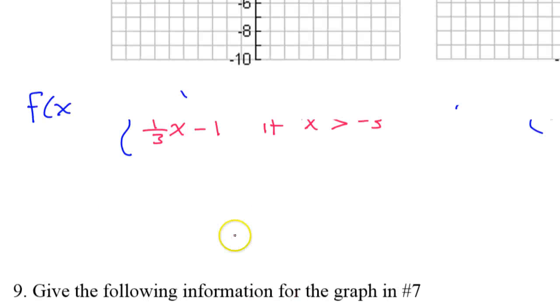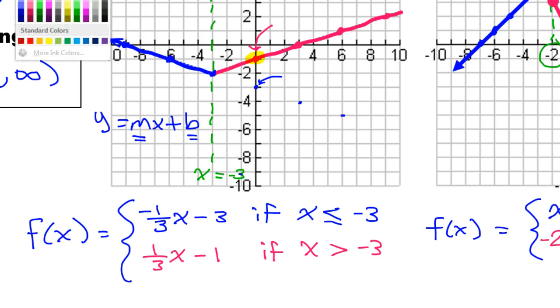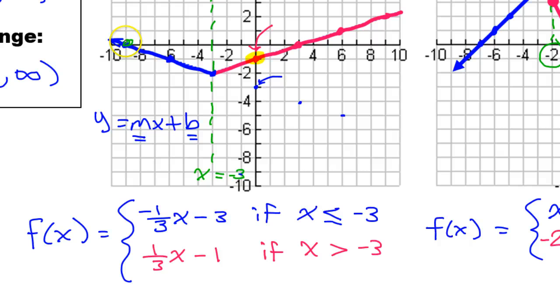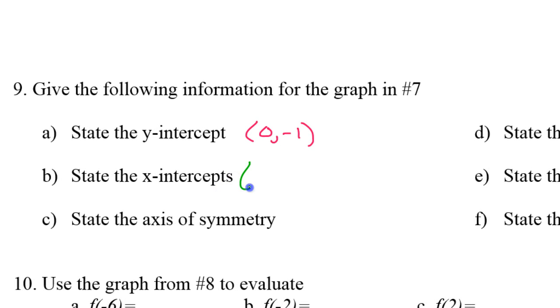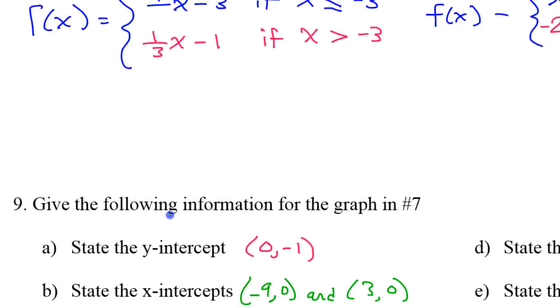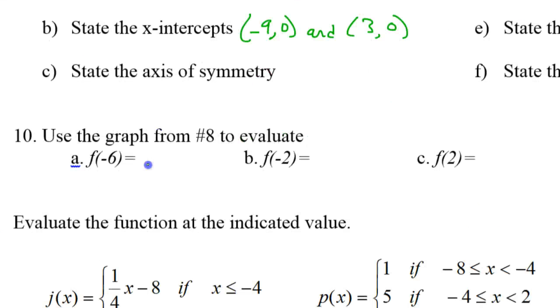Now, the x-intercepts are the places where the graph touches the x-axis. So the graph touches the x-axis in 2 places. So I see -9 and 3. So I'm going to put -9, comma, 0 and 3, comma, 0. Axis of symmetry is this x equals -3 that splits it down the middle.